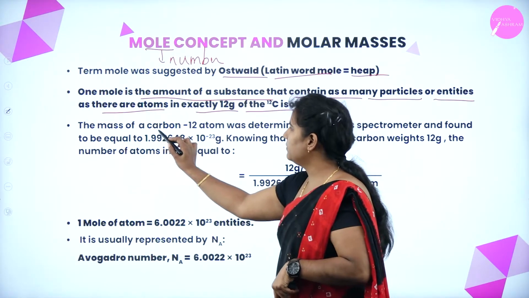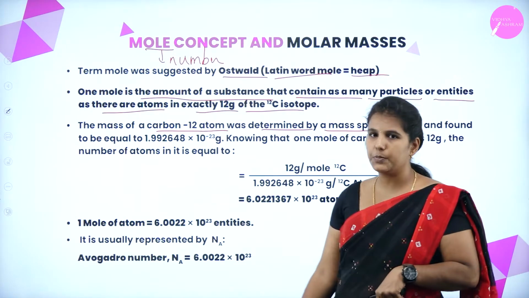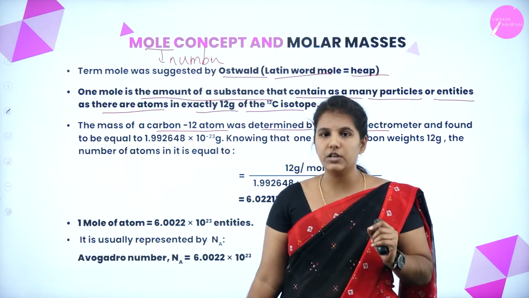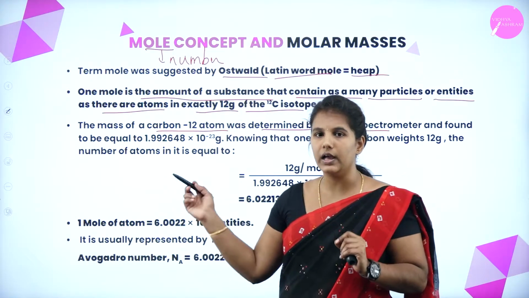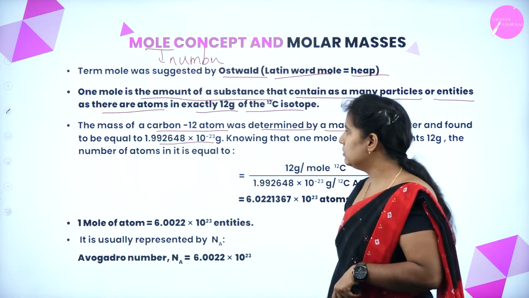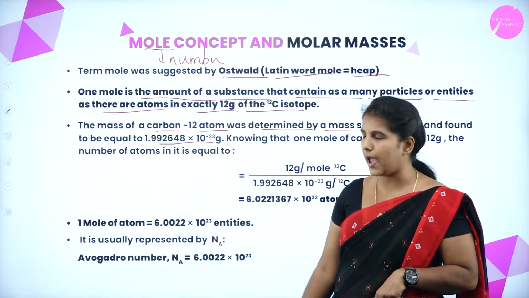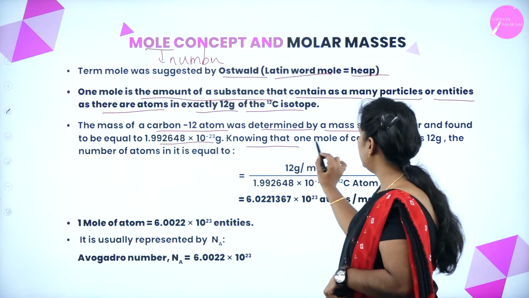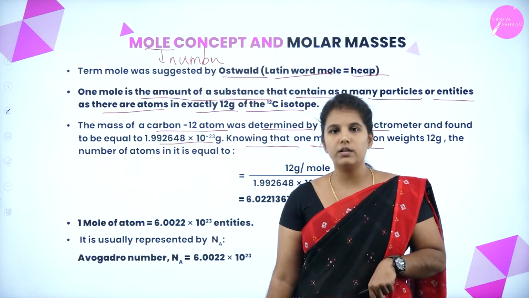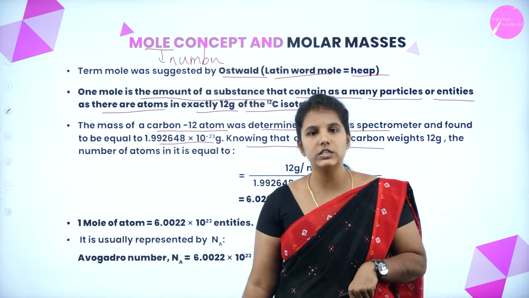The mass of the carbon-12 atom was determined by mass spectrometry, and it was found to be 1.992648 × 10^-23 gram. And by knowing that 1 mole of carbon weighs 12 gram.